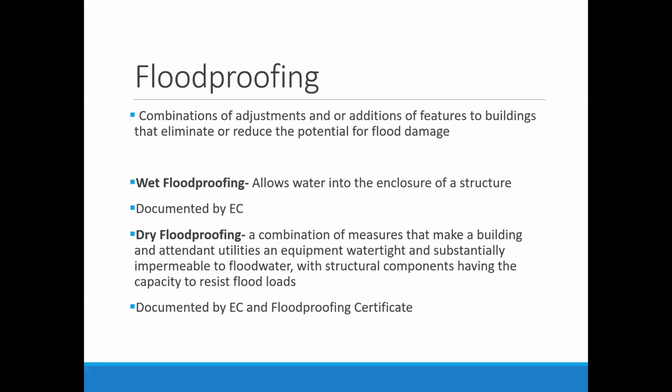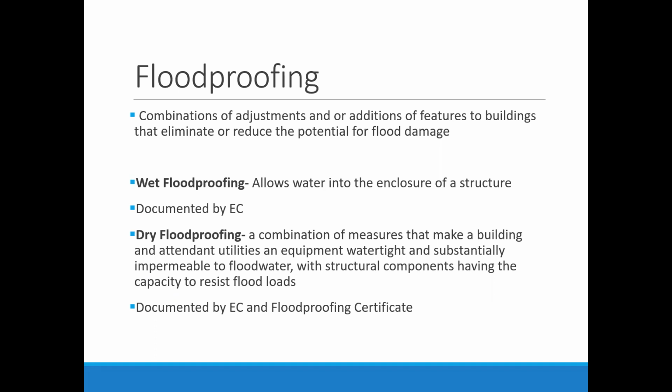So floodproofing is a combination of adjustments and/or additions of features to a building that eliminate or reduce the potential for flood damage. So that also applies to wet floodproofing, which we've been talking about quite a bit today. And so aside from that, we're talking about dry floodproofing, which is basically the exact opposite of wet floodproofing.